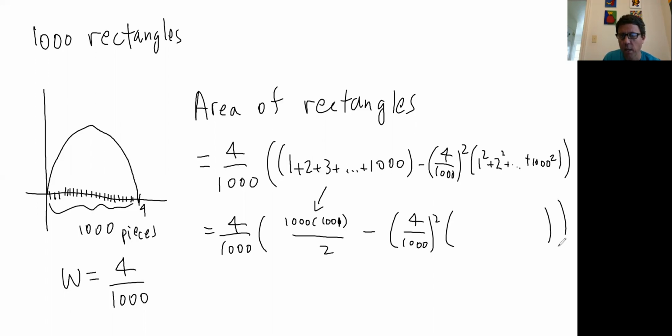And then I go back and use my other formula, where this whole thing becomes 1,000 times 1,001 times, I go twice and then add 1, so that'll be 2,001, and divide the whole thing by 6.